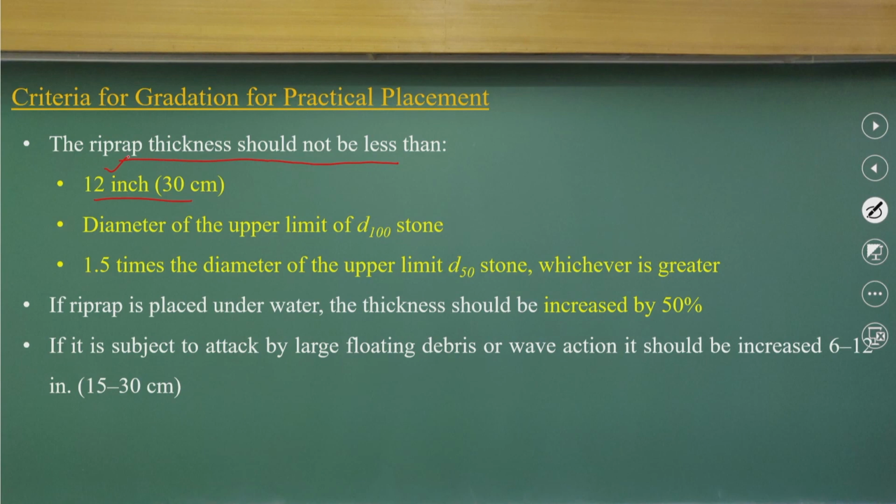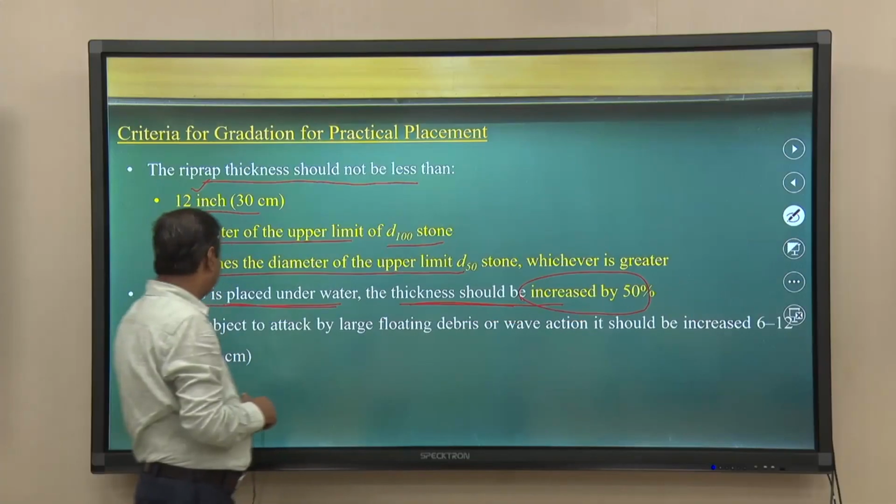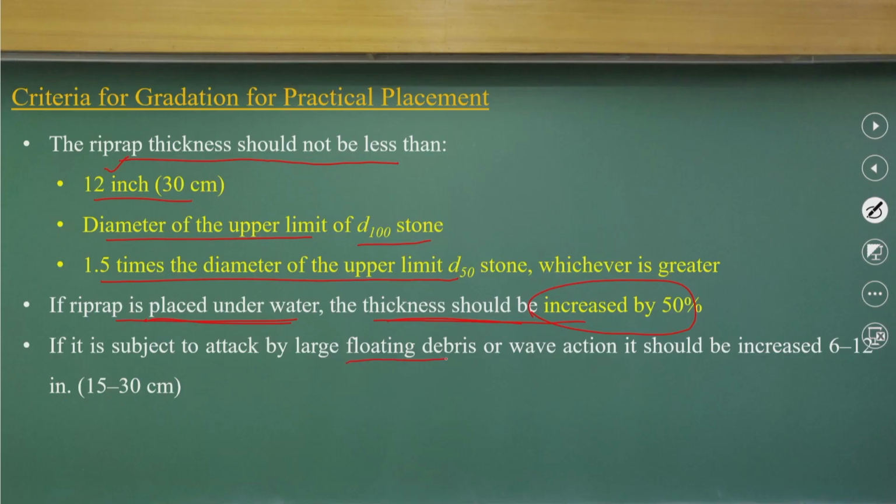That is the minimum, which means 12 inches. The thickness should also be 1.5 times the diameter of the upper limit of D50, whichever is greater. If the riprap is placed under water, the thickness should be increased by 50%, because many times to protect against scour, the toe scour, we lay this riprap under water. And also, if there is floating debris or wave action, you have to increase the thickness by an additional 6 to 12 inches, which is 15 to 30 centimeters.